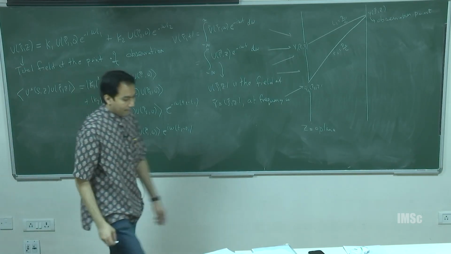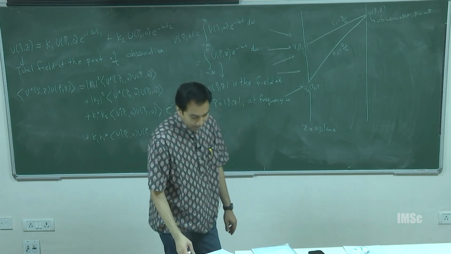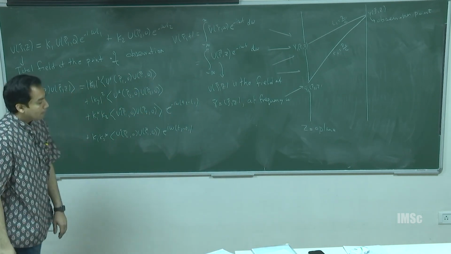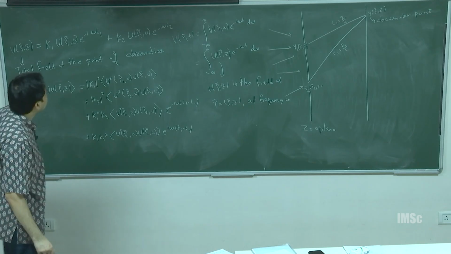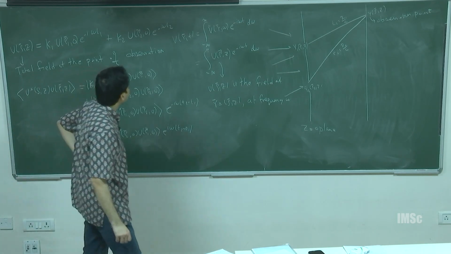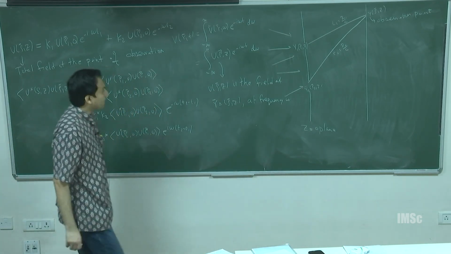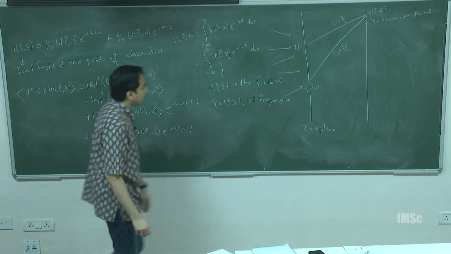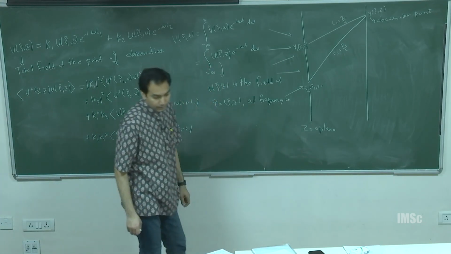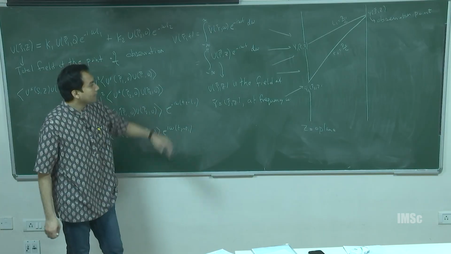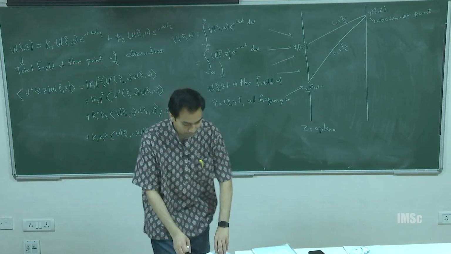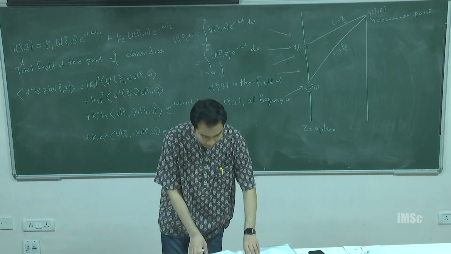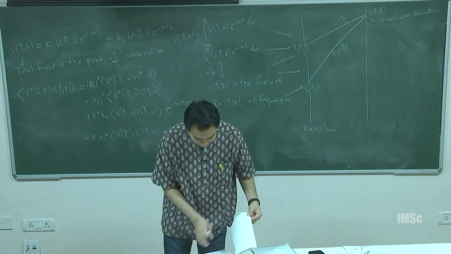And once again, by looking at the intensity at the point of detection, we can obtain the information about the spatial correlation between the fields at the source point. Okay, basically at z equals 0 plane. Now, how do we go about doing this? Basically, what is it that we wish to do?